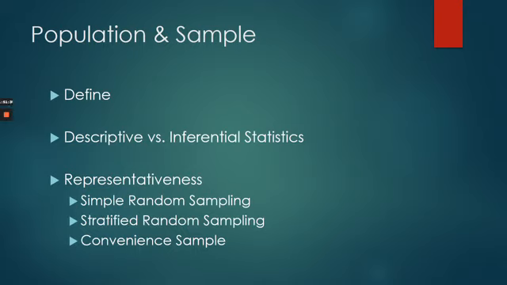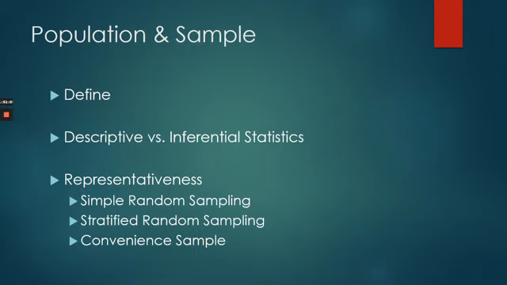And in terms of population and sample, remember the concept of representativeness. Representative means that your sample represents your population. Whatever components and aspects of diversity are in your population, those things are also seen in your sample.